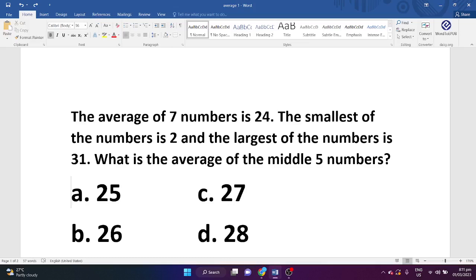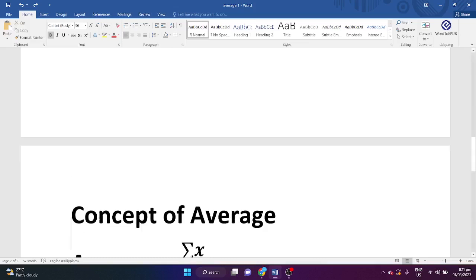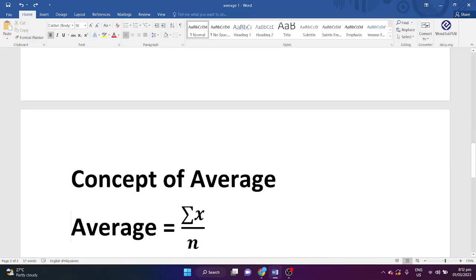Firstly, we need to recall the concept of average. So what is average in the first place? Average is basically called the mean, or if it's in probability distribution, it's also called the expected value or the weighted mean.